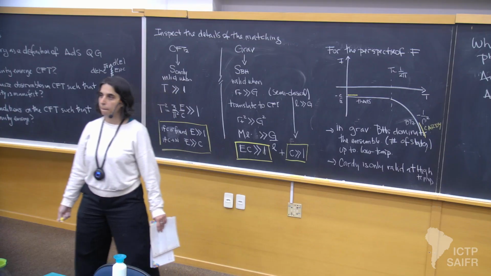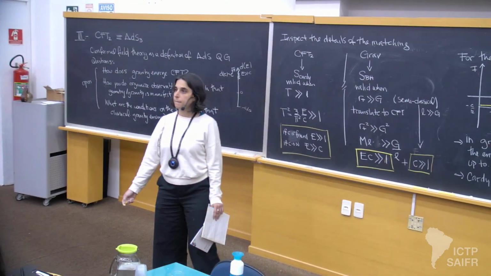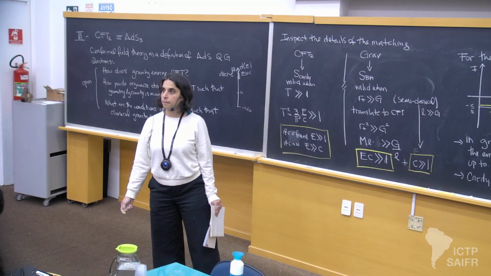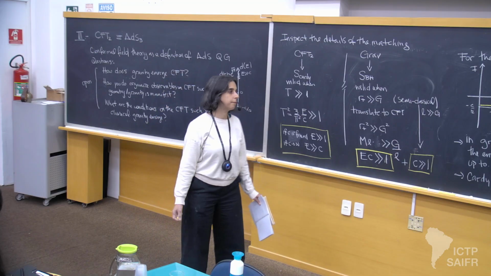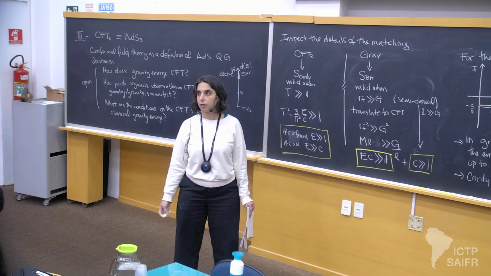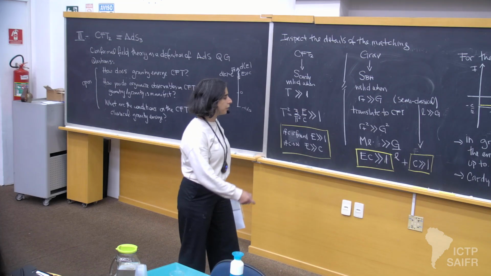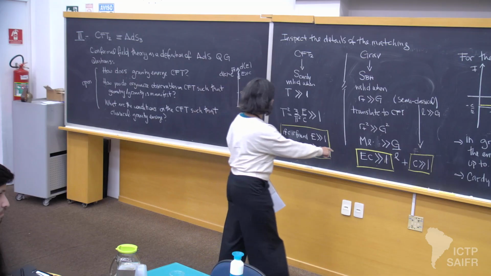A question, perhaps not very important, but I would have said that heavy states are the ones in which E is of the order of C. Yes. And can you explain, because on the blackboard I see E C bigger than 1. The reason why you would put E of order C comes from here.